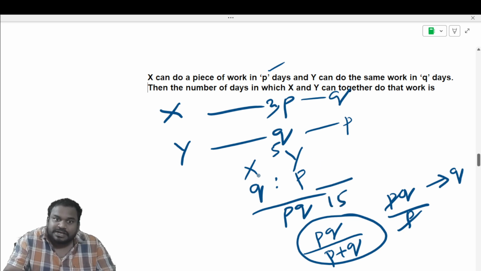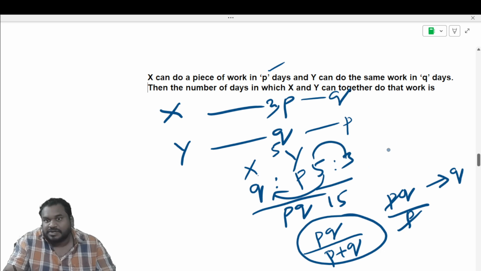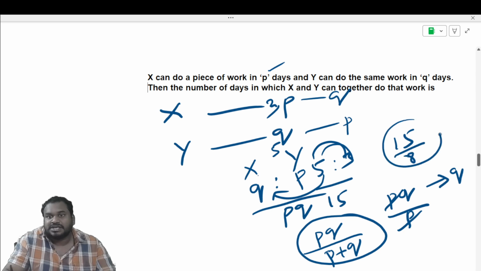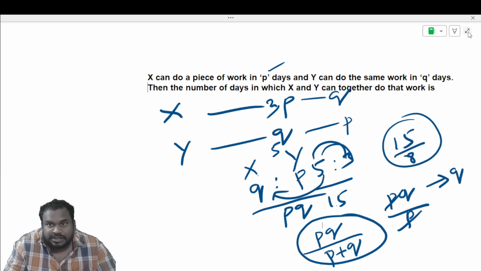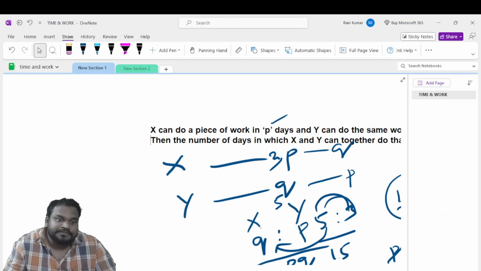So for X it will be 15 by 3, that is 5, and for Y it will be 15 by 5, that is 3. Then what will we do? We will add them, so 15 by 8. So the same way I did, PQ divided by P plus Q is the number of days when they work together to complete that work.